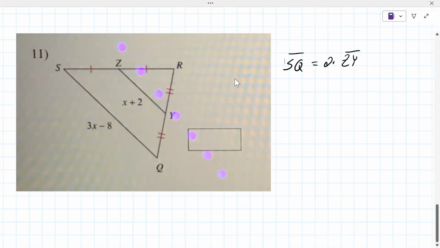I think times 2. Which variable? There are two variable expressions. Which one goes in for SQ? 3x minus 8. Good.